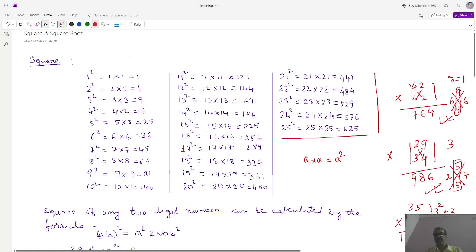If we multiply by the normal system, then 5 into 5, 25, write 5, carry 2. 15 plus 15, 30, 30 plus 2, 32, write 2, carry 3. 3 into 3, 9, plus 3, 12.